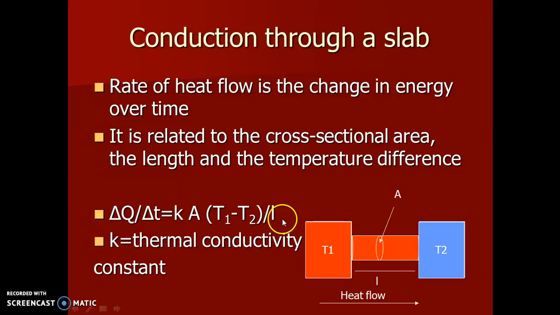And then it's inversely proportional to the length. The bottom of the fraction is actually an L here. The longer it is, the longer the heat has to be conducted from one place to another, and it's going to increase the time.